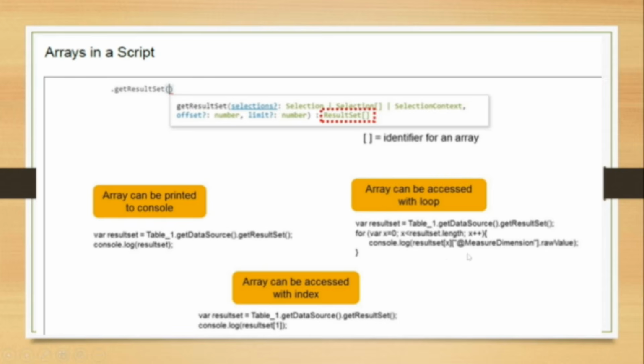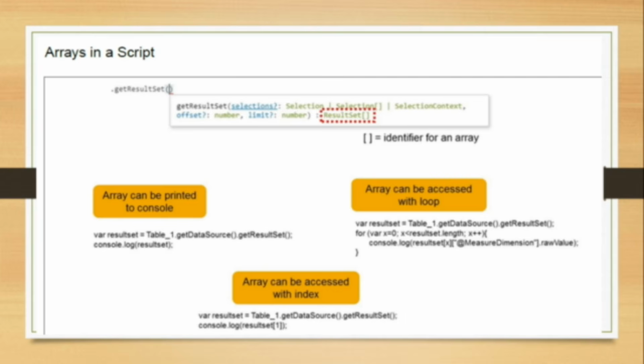Last but not least, an array can be accessed with the index. In this last example, we are showing that if we want to access a particular member of the array, and we know the index of that member, we specifically give the index to the resultSet.